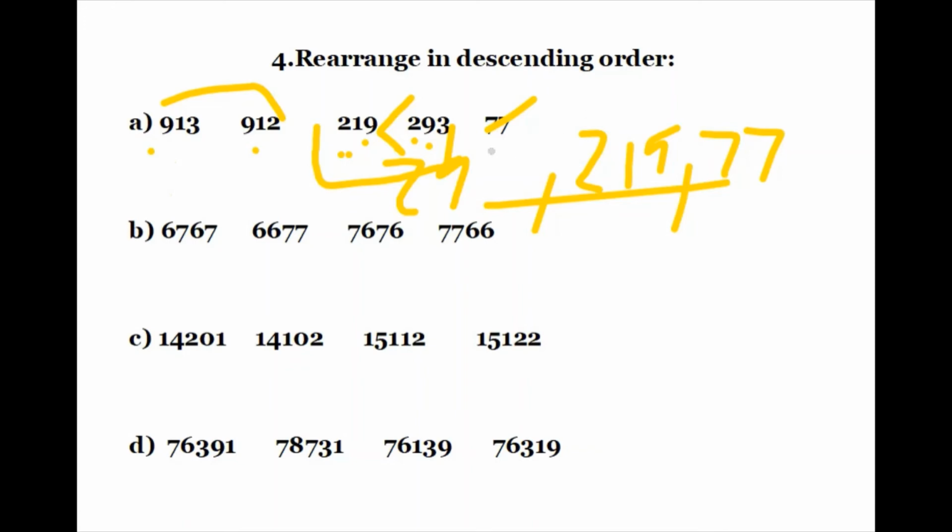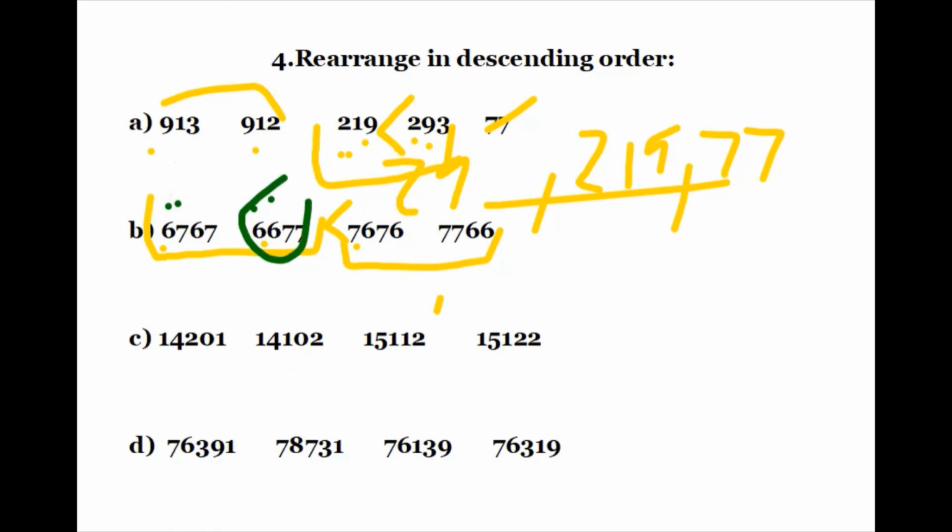In this case, these two are our smaller numbers because 6, 6, and then we have 7 and 7, which makes these two numbers bigger than those numbers, right? So after we have established that, we get our smaller number. In this case, it's a 6, 7, and a 6. So this is our smaller number.